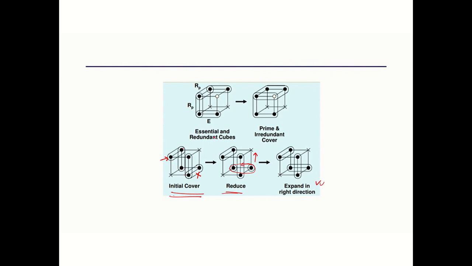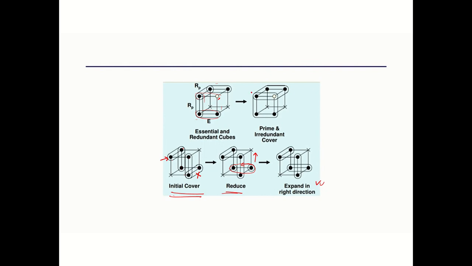So what are the essential and the redundant cubes in this case? If you check, this is one cover, this is another cover, this is another cover, and this is another cover. These are my offset, and this is the don't care condition. As we have the don't care, we need to check, can we incorporate this don't care and make a whole plane a cover?